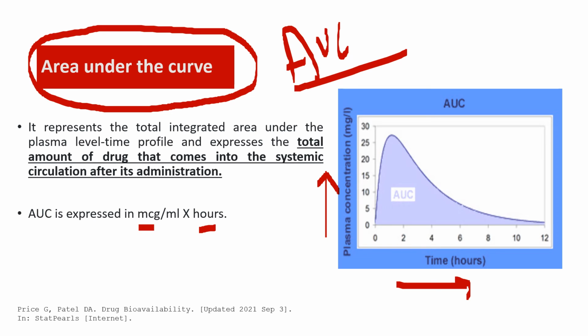It helps us to understand the total amount of drug that comes into the systemic circulation after its administration. It also helps to compare two drugs, how exactly the drugs behave, you can say accumulate in the body. So this is one of the most important clinical relevances of AUC apart from bioavailability.